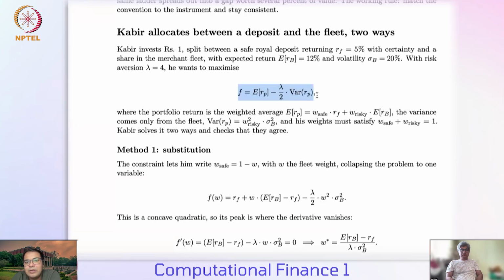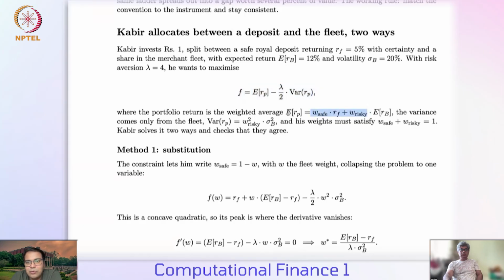And the important thing is all the expressions that we have written here, the expected value of the return from the portfolio, and the variance of return from the portfolio, can be expressed in terms of the parameters of the situation that we are given, and the choice variable.